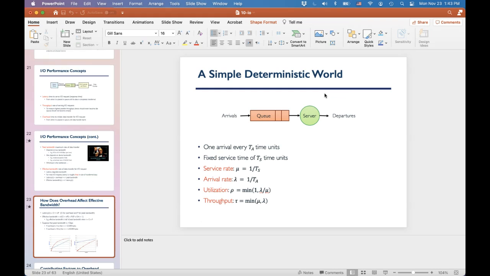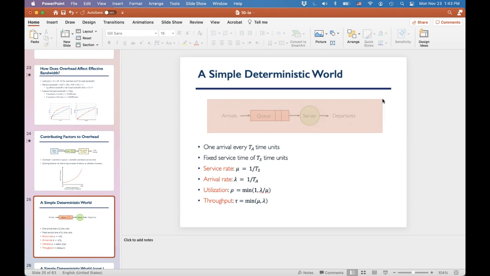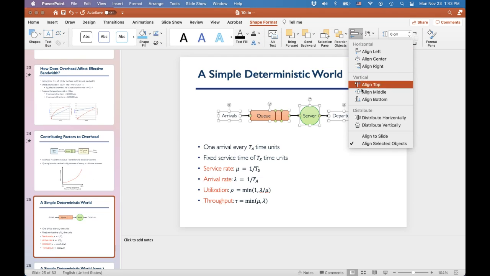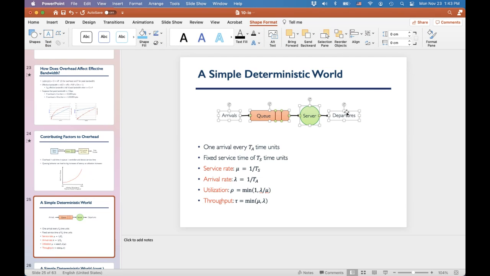A little bit anal about this. They're not aligned. There we go.